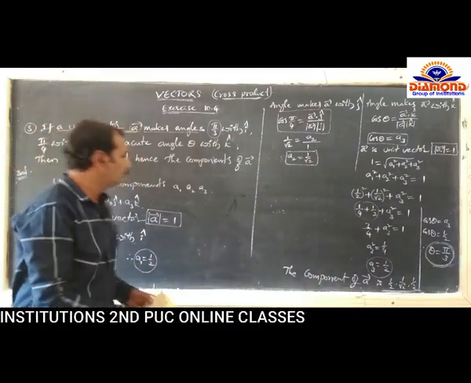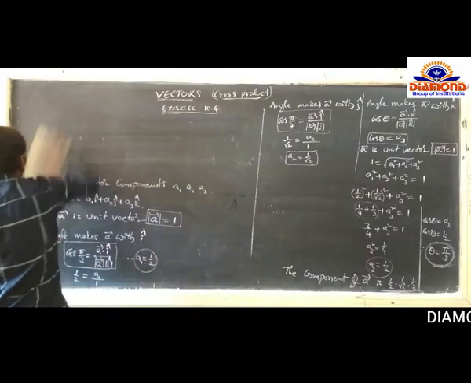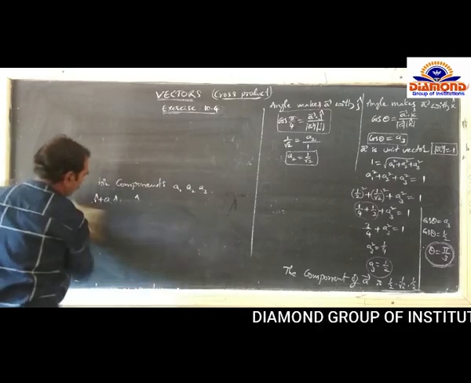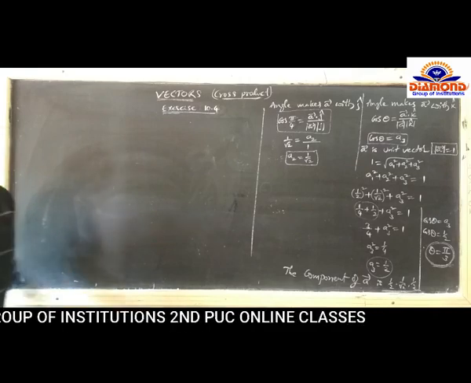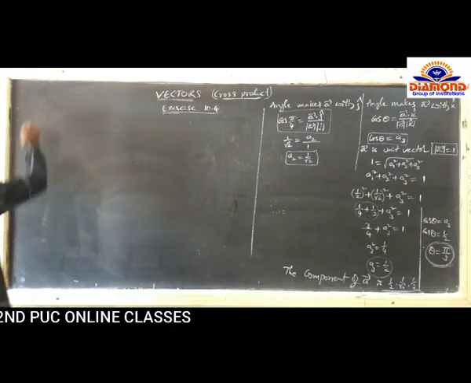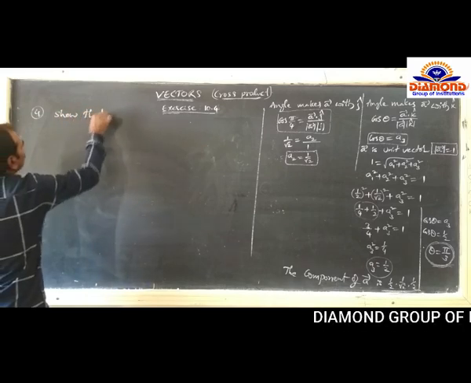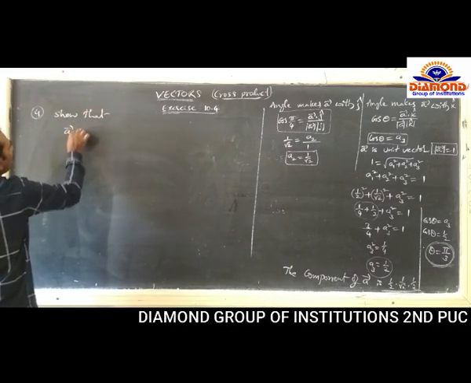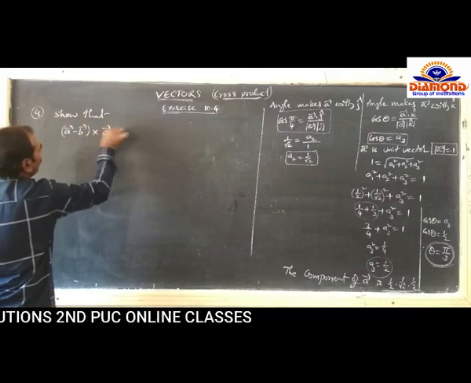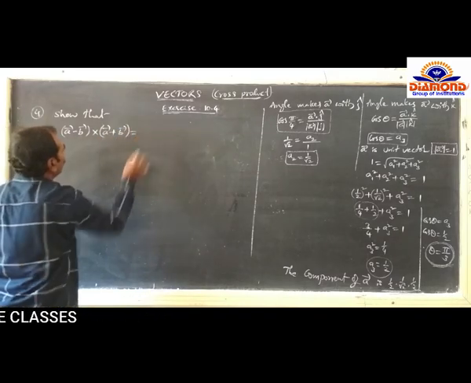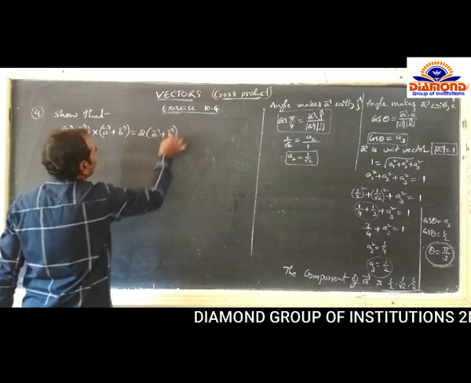Next, I will continue with the fourth problem. Show that (a bar minus b bar) cross (a bar plus b bar) equals 2 times (a bar cross b bar).